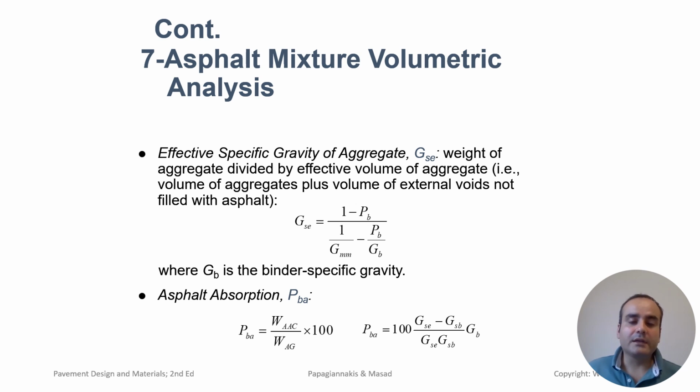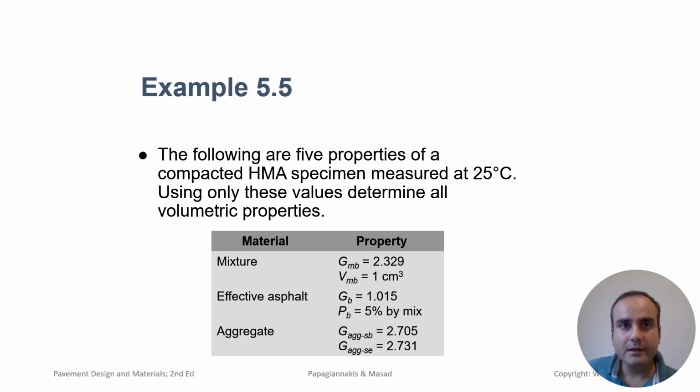So in this slide, we see how to determine asphalt absorption. In this example, you are given 5 properties of a compacted hot mix asphalt specimen measured at 25C.